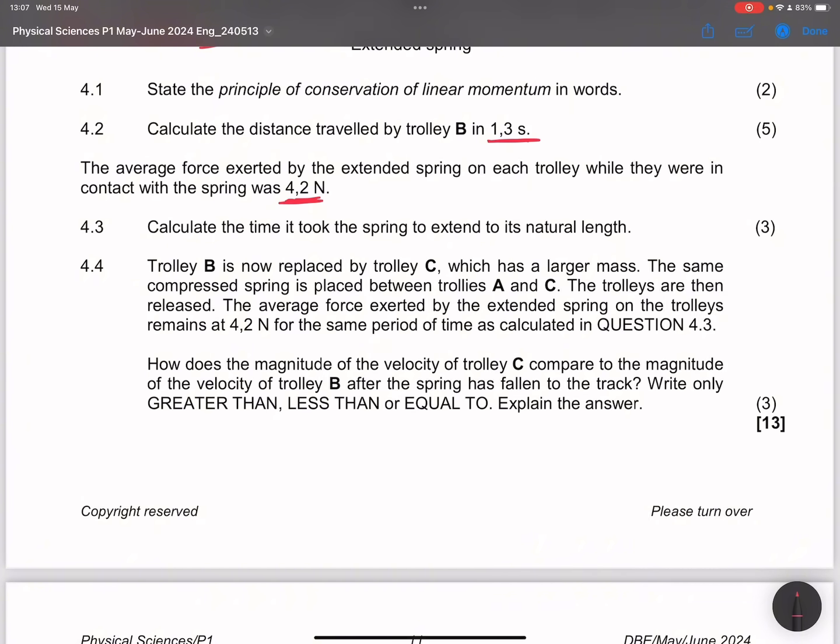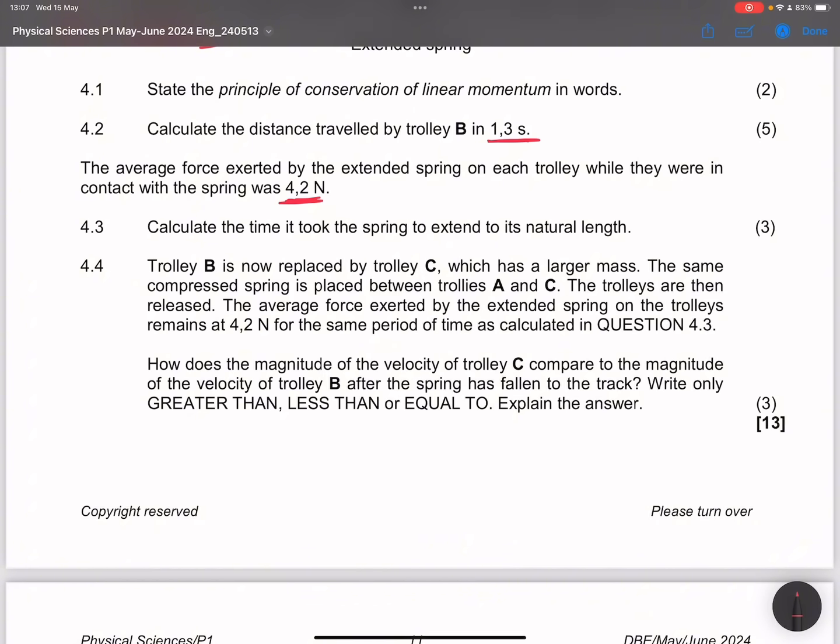So they say now, how does the magnitude of the velocity of trolley C compare to the magnitude of the velocity of trolley B after the spring has fallen onto the track? They say only write greater than, less than, or equal to, and then we must explain that answer.